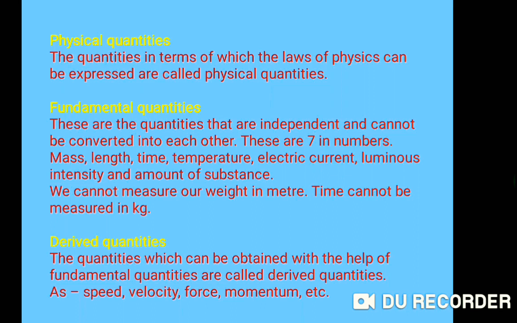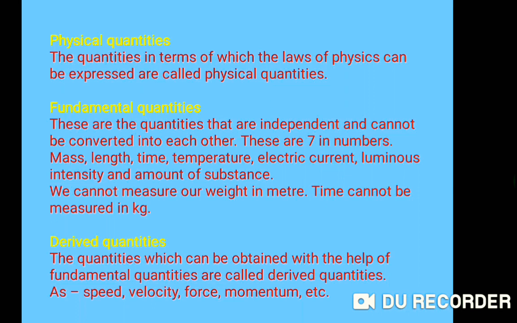Fundamental quantities are the quantities which are completely independent and cannot be converted into each other. These are seven in number: mass, length, time, temperature, electric current, luminous intensity, and amount of substance.